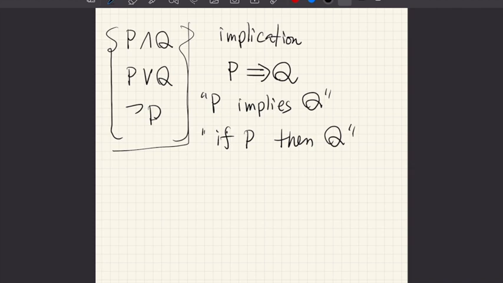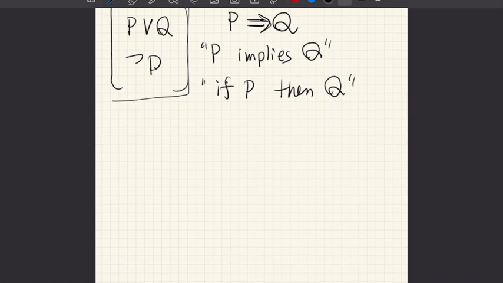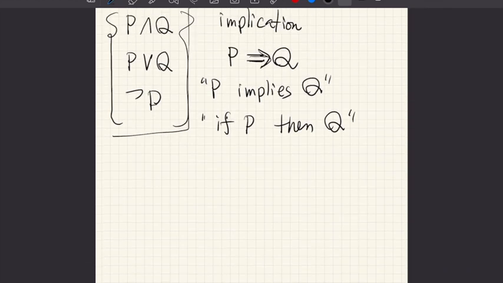So I think maybe you have seen in some math lectures, we write if P then Q as this. Okay, so this is implication. And this is a logical operation. So we can define this by a truth table as usual.